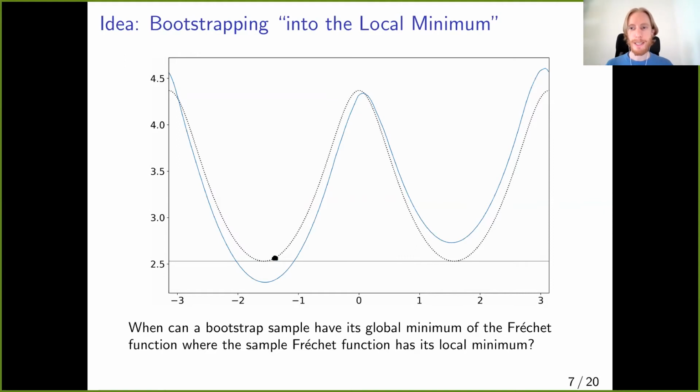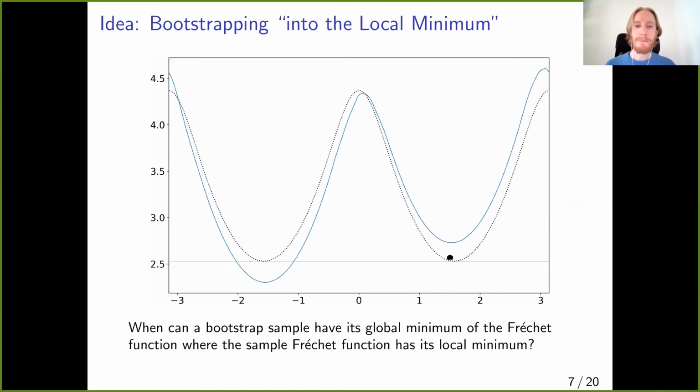If we draw from this sample, because it's a sample of 100 points, and depending on which points are randomly chosen into a certain bootstrap sample, the height of these minima in this Frechet function curve for the bootstrap samples will vary, and some of these bootstrap samples will actually have their global minimum near pi half.